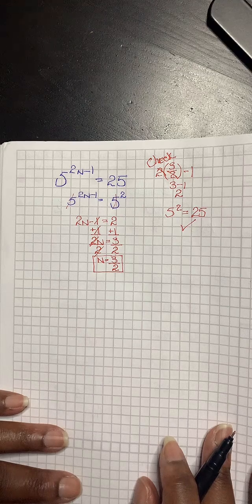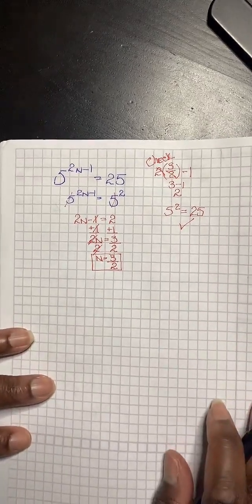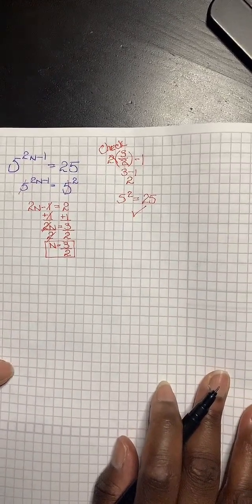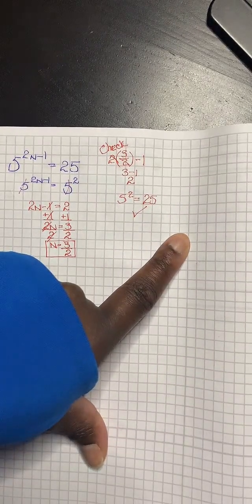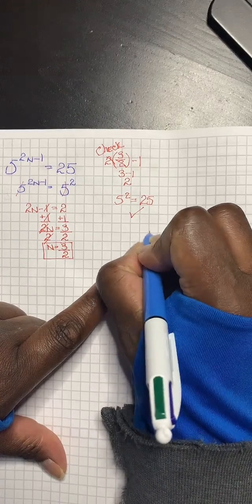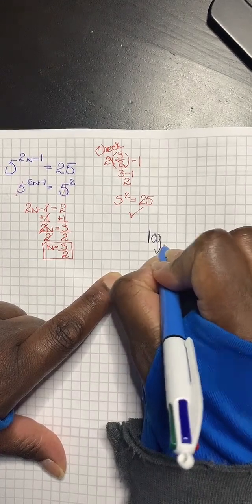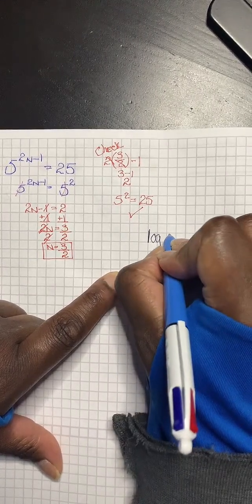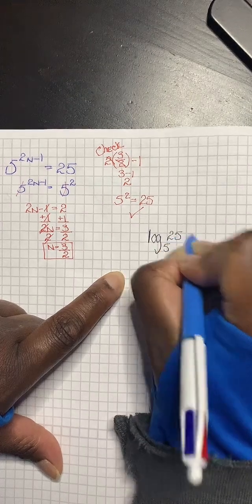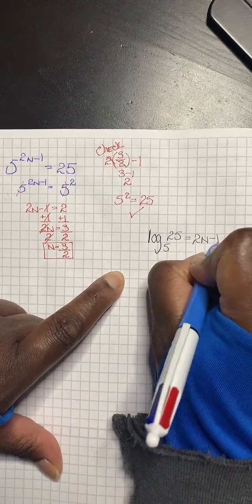You're so confused? Okay. Can I restate it? Yeah, I could. If I restate it as a log, my base is 5, my result is 25, and it equals 2n minus 1.